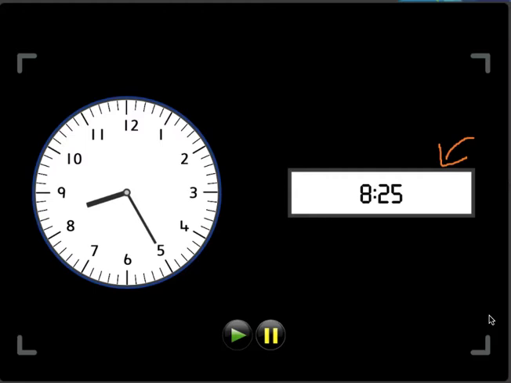Okay, so my first question to you today is, what do you notice about these two clocks? This one right here is our digital clock. This one right here is what we call an analog clock, the one we're learning how to tell time on. What do you notice? Anything that you notice about these two clocks, go ahead and shout it out.